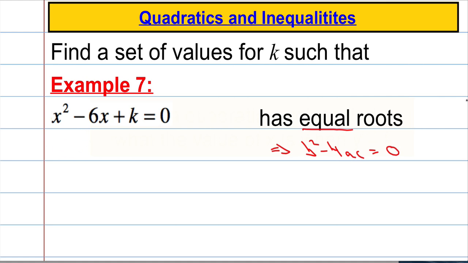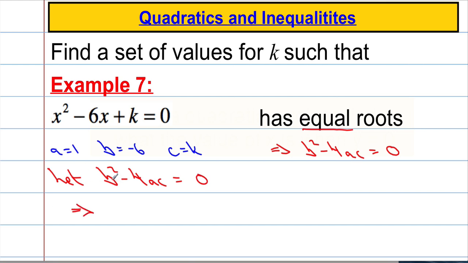So we let a equal 1, b equal negative 6, and c equal k. And we're going to let b squared subtract 4ac be equal to 0. So let's substitute now. b squared is going to be negative 6 squared, subtract 4 times a, which is 1, times c, which is k, equal to 0.